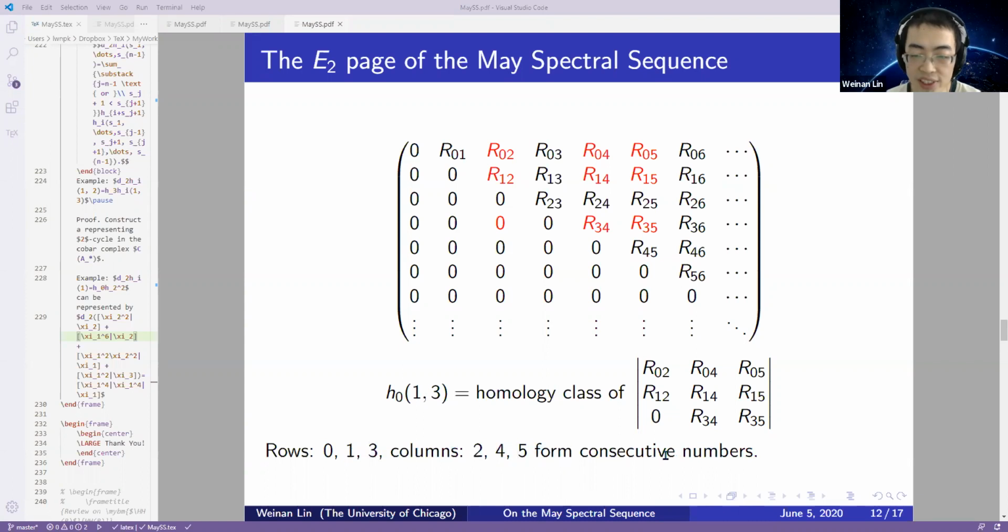And we always need that because we want the determinant to be a cycle. So if you split two consecutive numbers into two sets, one for rows and the other one for columns, then that determinant would be a cycle if these numbers are consecutive. I mean, there's no gap between them.